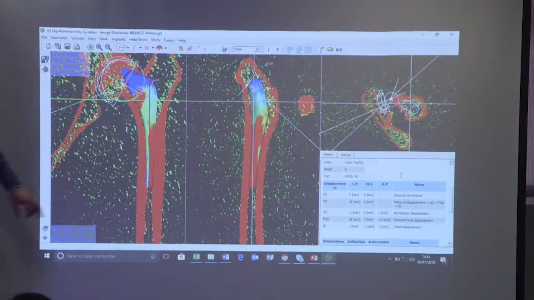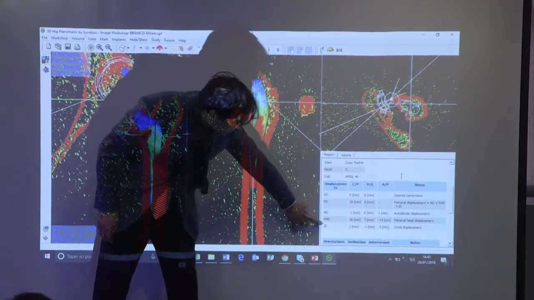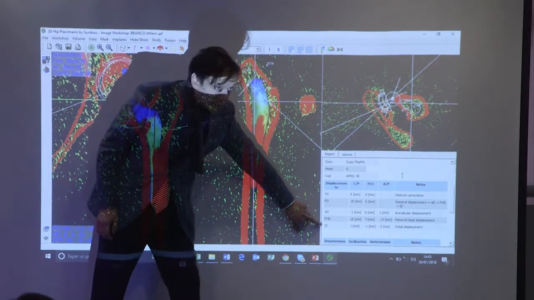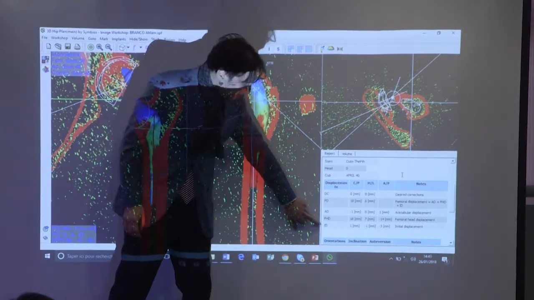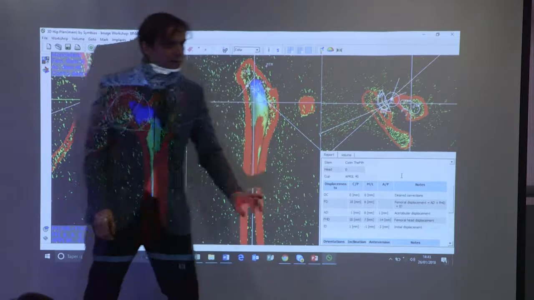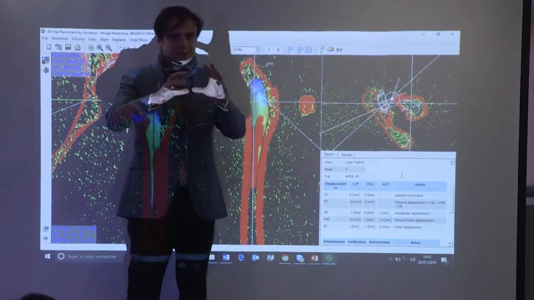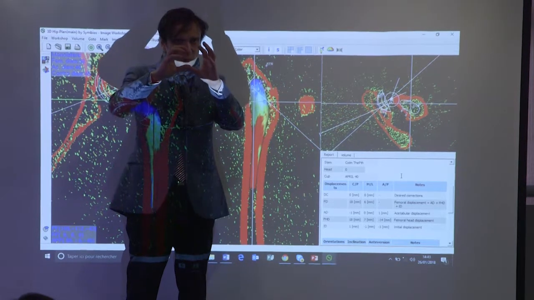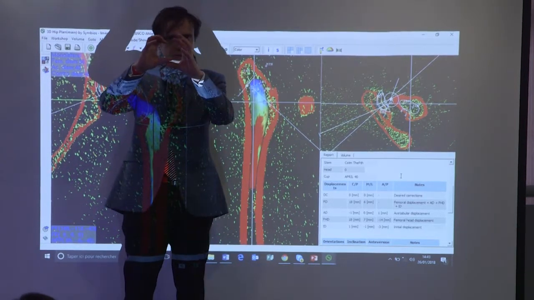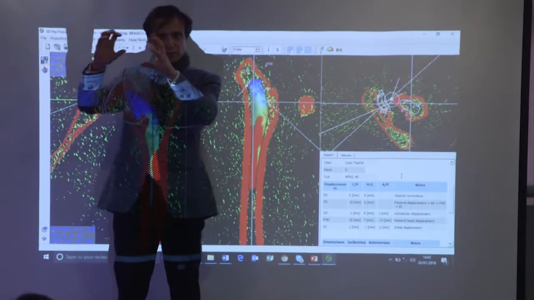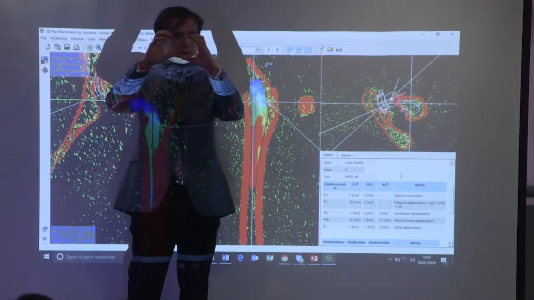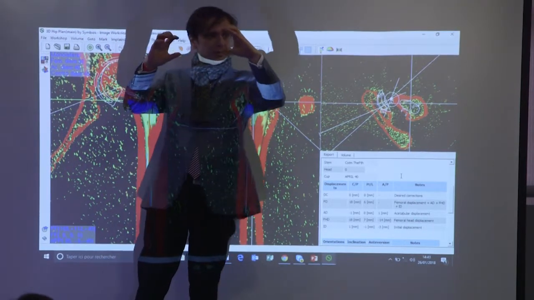Here, this table is very important. There is what we call the initial displacement. The initial displacement basically is what is related to the wear. Let's suppose that we are able to say exactly where was the center of the femoral head before the disease and where was the center of the acetabulum before the disease.